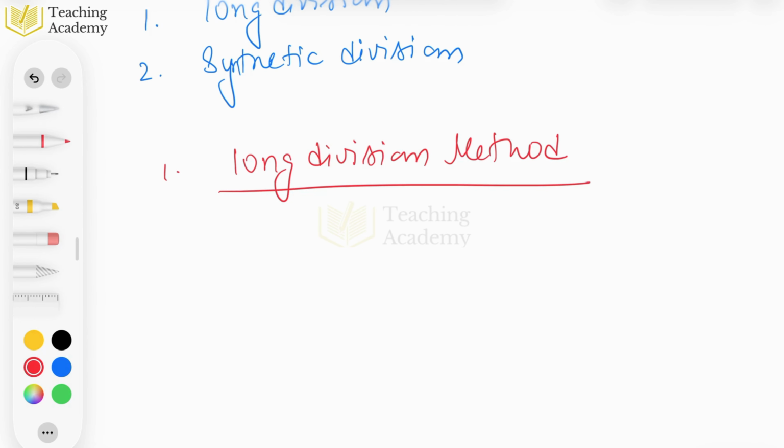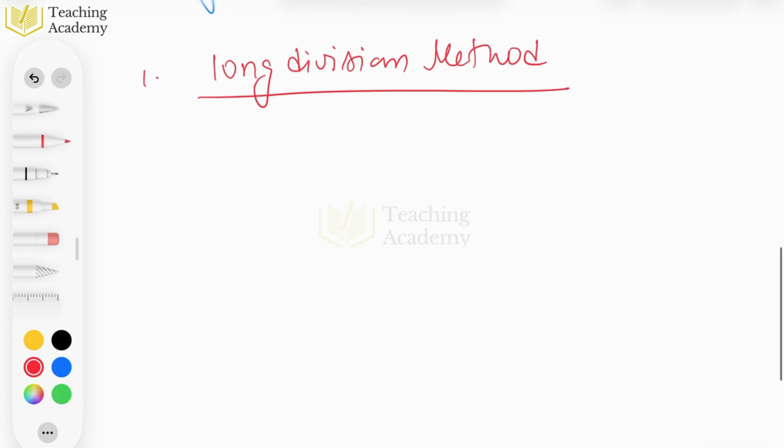Before starting this concept, I want to tell you that you have already understood what division is, right? I mean, you already used this division in your earlier classes, right? When we do this sort of thing, here your dividend will lie. This is the divisor.